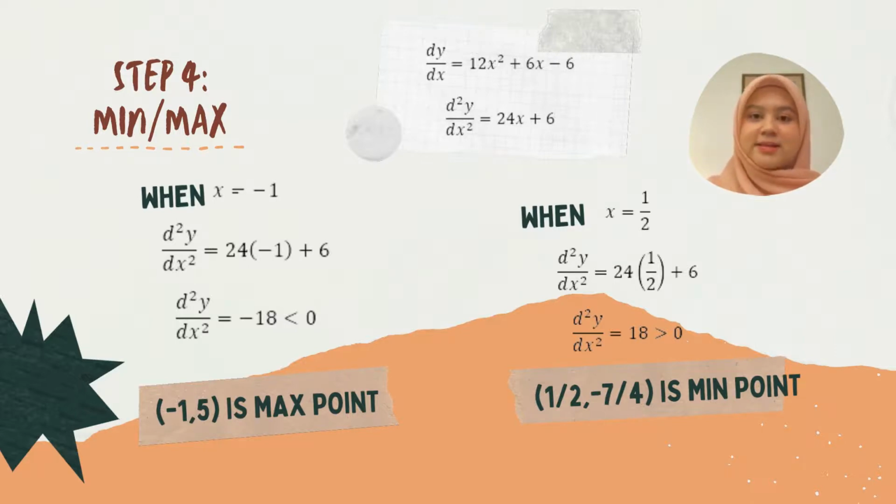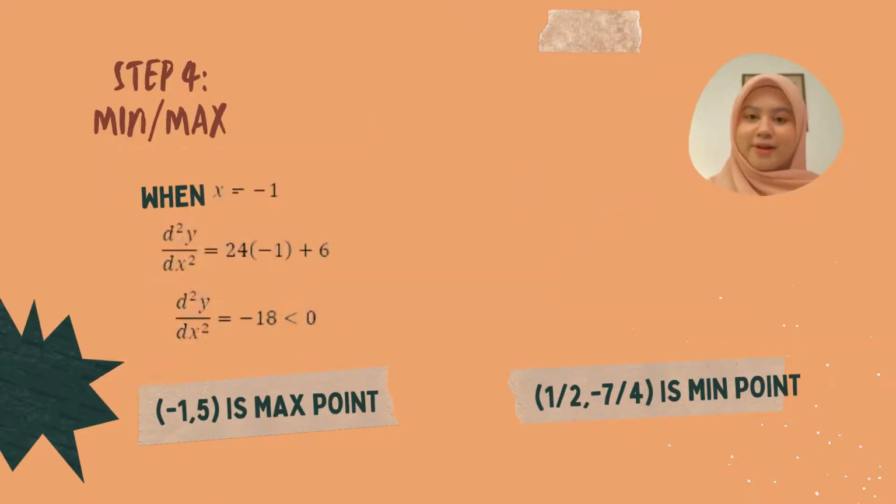So (1 over 2, negative 7 over 4) is a min point.